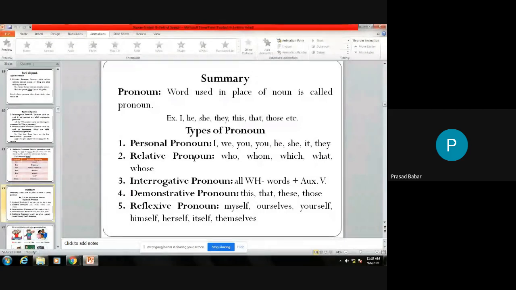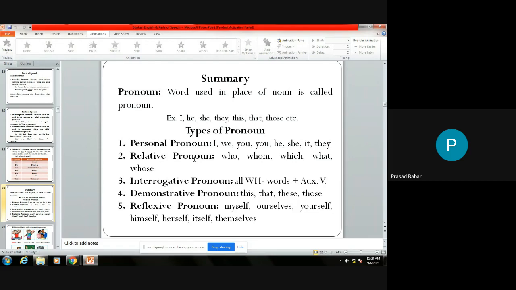Examples of interrogative pronouns are what, which, who, when, where, whom, whose. So these are the interrogative pronouns, the words starting with WH. Words starting with WH are called interrogative pronouns.